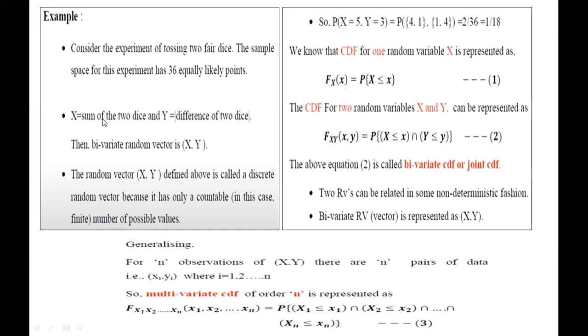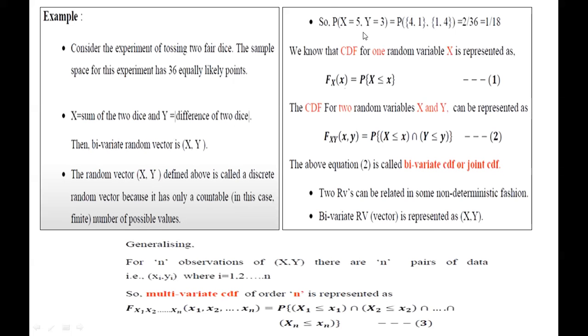We have two random variables, hence we can call it a bivariate random vector with the variables written in the bracket (X, Y). Now the random vector defined above with this experiment is called discrete because we have a finite outcome, which is countable. In this case we can count the outcomes. So we call this distribution a discrete distribution.